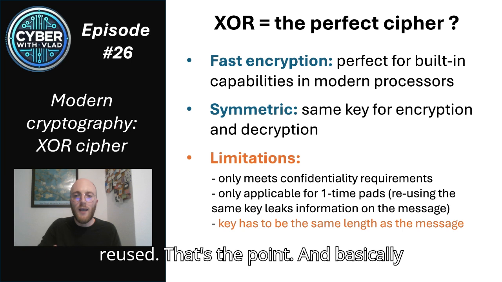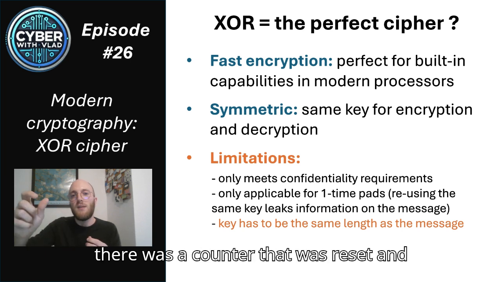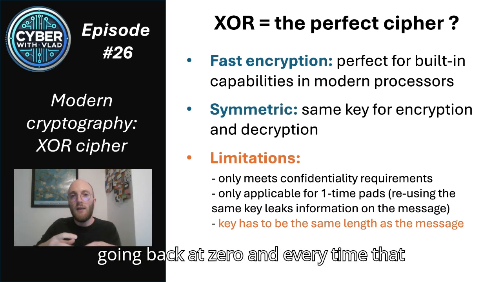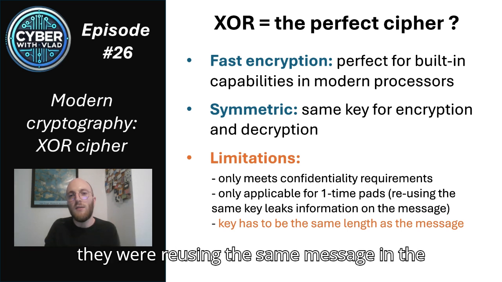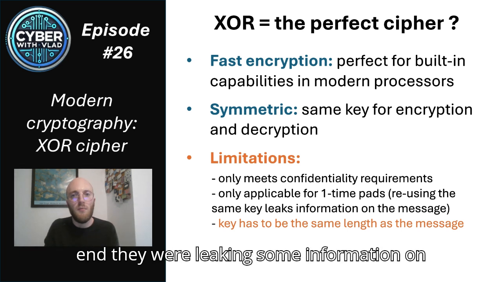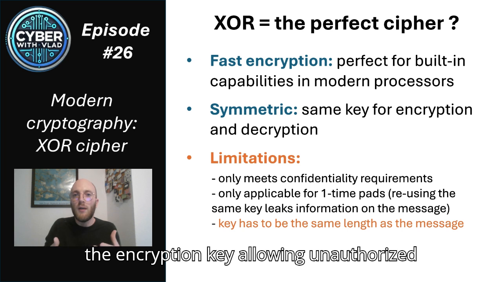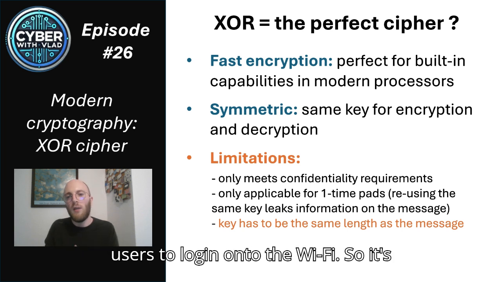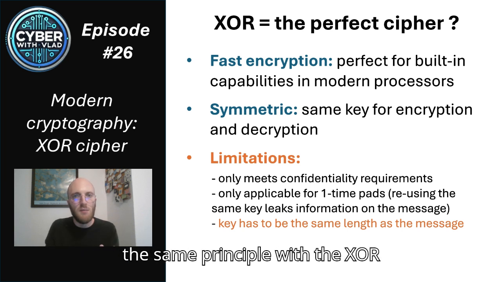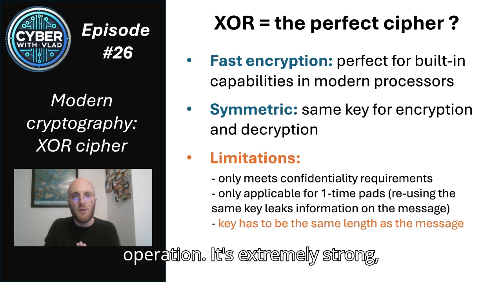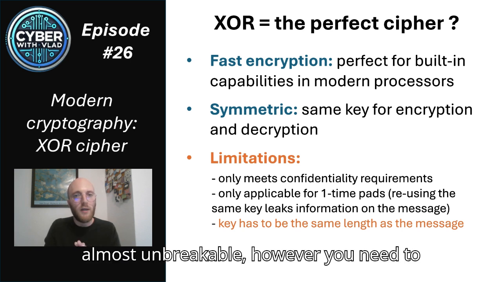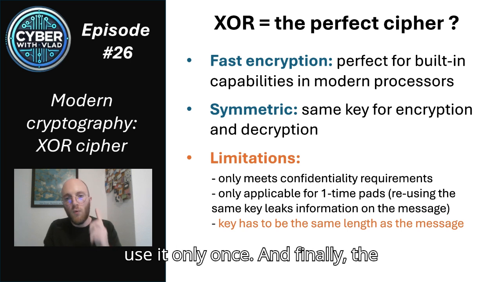There was a counter that was reset and going back to 0. And every time they were reusing the same key, they were leaking some information on the encryption key, allowing unauthorized users to log in onto the Wi-Fi. So it's the same principle with the XOR operation. It's extremely strong, almost unbreakable. However, you need to use it only once.